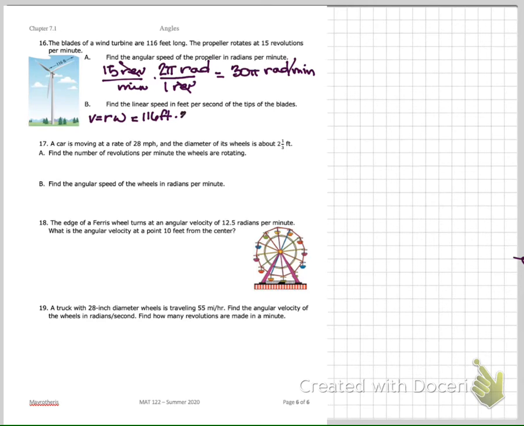We have an angular velocity of 30 pi radians per minute. Keep in mind that radians is really a placeholder. That doesn't really matter. We can multiply that out. We get 3,480 pi feet per minute. If we want a number, 10,932.7 feet per minute.